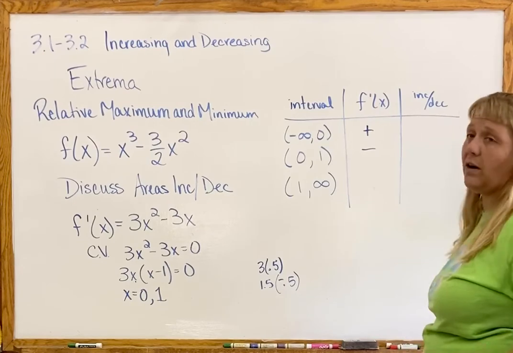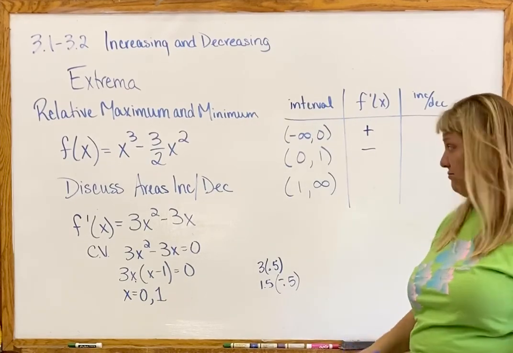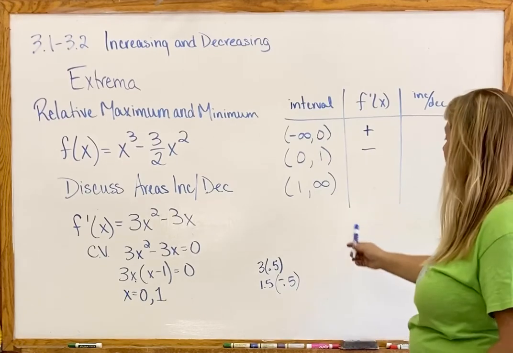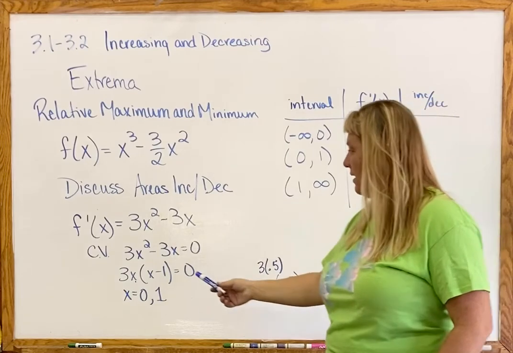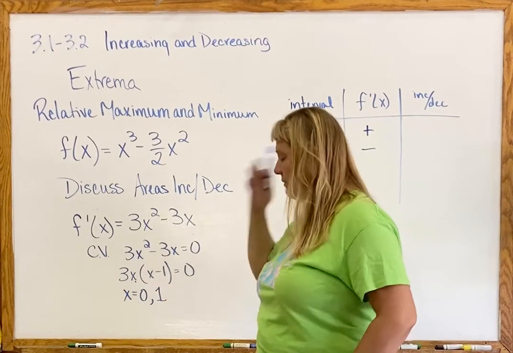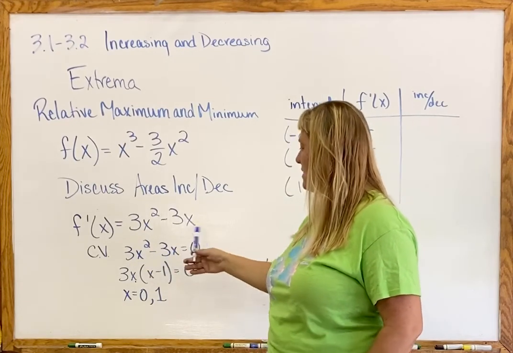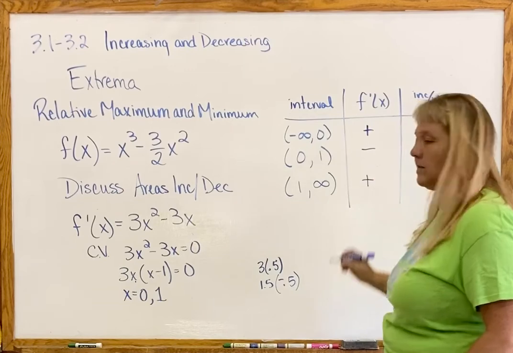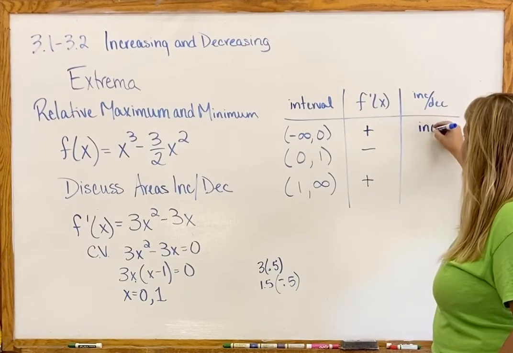We just need to figure out whether they're positive or negative. So whatever way will help you do that, just get it done. Then take any number that's bigger than 1, like 2. If you plug 2 in here, we end up with a positive. That would be 12 minus 6, so it's going to stay positive, isn't it? Which means that we're going to go increasing, decreasing, increasing.